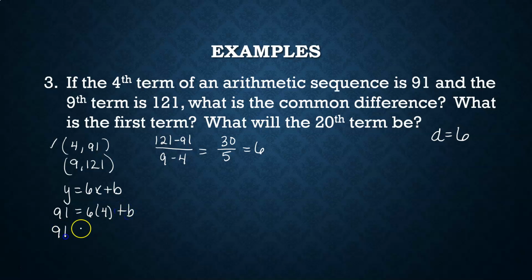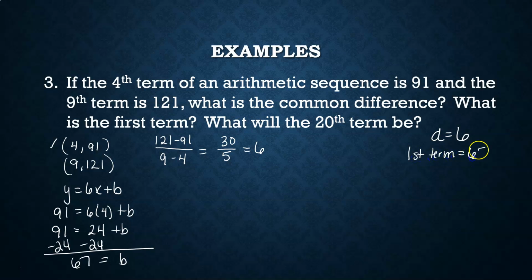So I have 91 equals 24 plus b. I'm going to subtract 24. So b is 67. So your first term is 67.